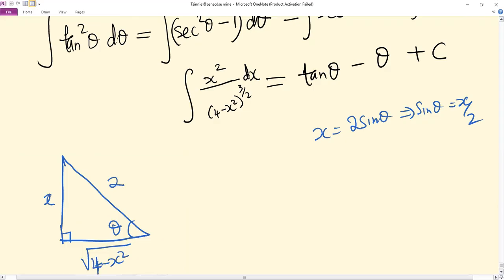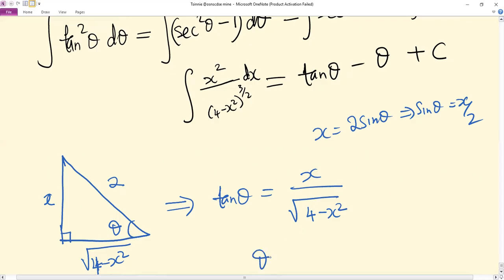So this is what we'll have, from which tan theta, opposite over adjacent, is x over the square root of 4 minus x squared. And theta itself, if sine theta is x over 2, should be sine inverse of x over 2.